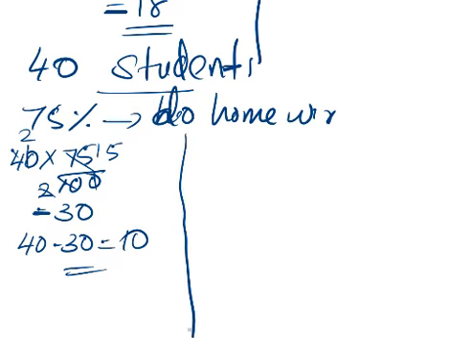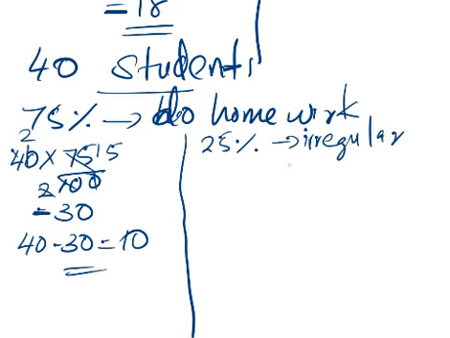Okay, then what about using the other method? 75 percentage do homework regularly means 25 percentage of students are irregular. Is it? 25 percentage are irregular. Then we can just find 25 percentage of the total number of students. So 40 times 25 over 100.